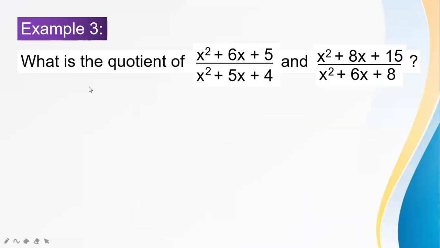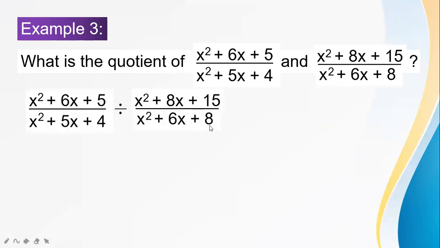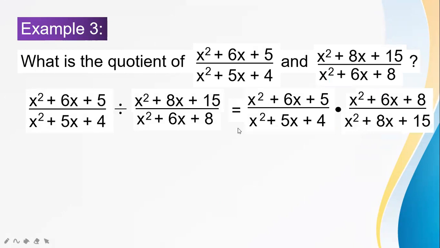Next, number 3: what is the quotient of x squared plus 6x plus 5 over x squared plus 5x plus 4 and x squared plus 8x plus 15 over x squared plus 6x plus 8? So again, this will be your given. You copy the first term and change the division sign to multiplication sign.